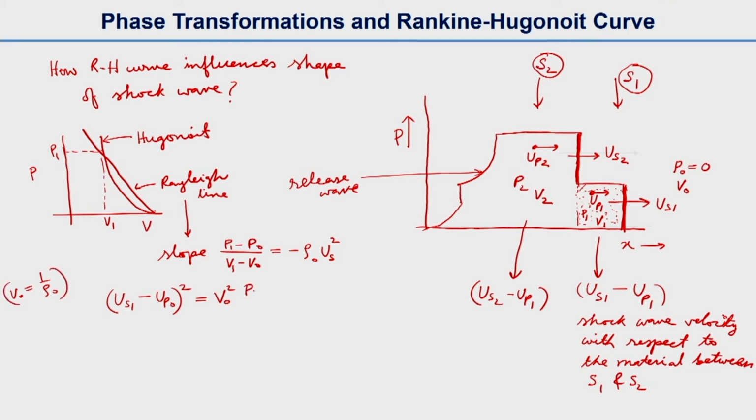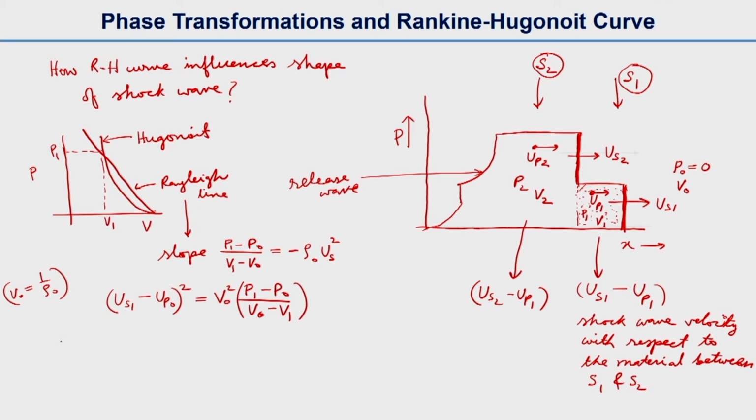So this will be P1 minus P naught divided by V naught minus V1. You can understand that this minus sign comes because we are writing V naught minus V1 instead of V1 minus V naught.